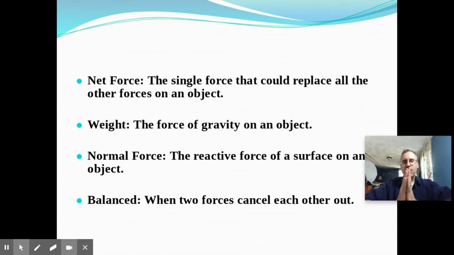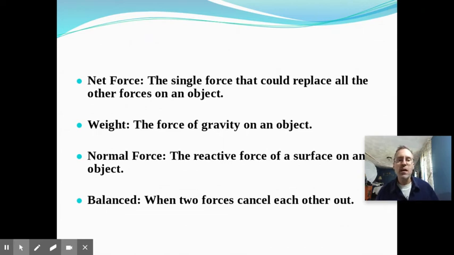That means that 4 pounds this way and 3 pounds this way is the exact same equivalent of pushing with 1 pound that way. So we would say the net force is 1 pound to the left. And that's it. It's a pretty simple concept.